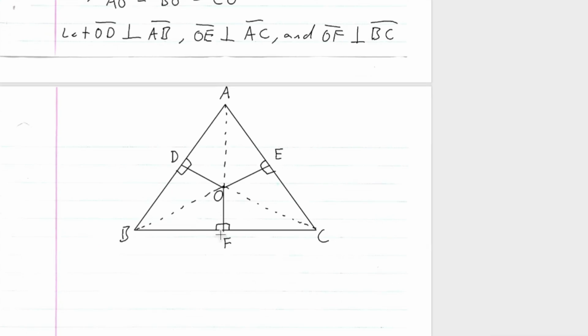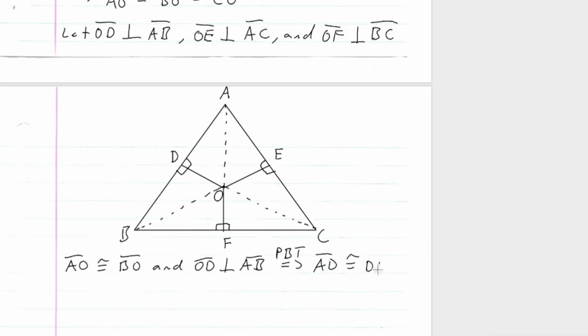So we have AO is congruent to BO, and OD is perpendicular to AB. So this means, by the perpendicular bisector theorem, that AD must be congruent to DB, right?